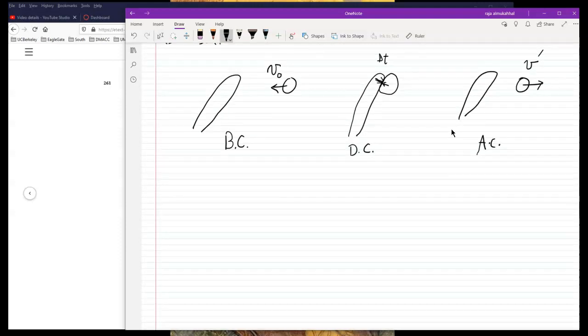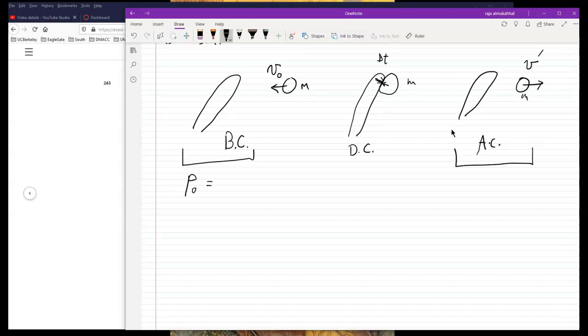If I want to ask the question, let me just concentrate on BC and AC. Here, if I ask you the question, what is the momentum here? Since this is v0, I'm going to call it P0. So that's equal to what? Well, it is the mass of the ball, m, right?